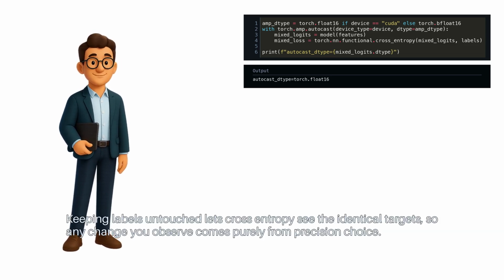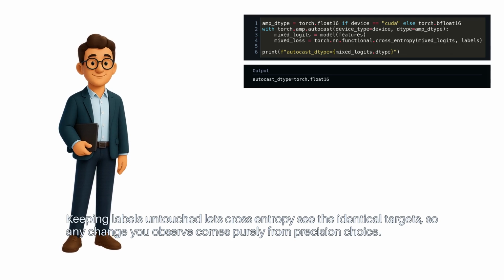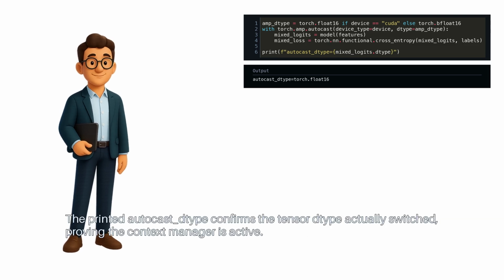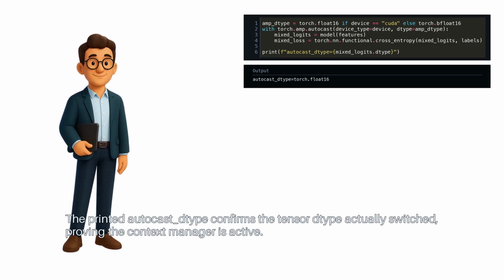Keeping labels untouched lets cross-entropy see the identical targets, so any change you observe comes purely from precision choice. The printed autocast dtype confirms the tensor dtype actually switched, proving the context manager is active.